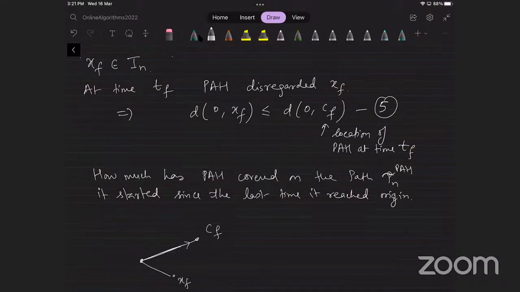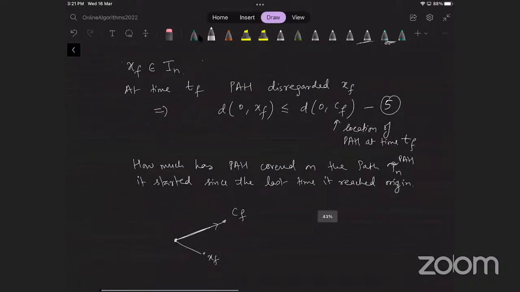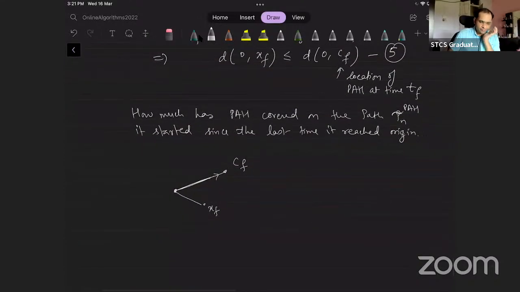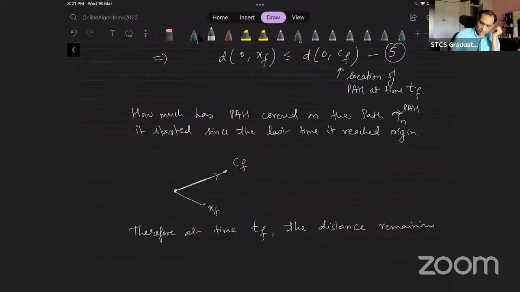Okay. So how much does PAH need? Therefore, at time TF, the distance remaining to reach the origin, see, distance is the same as time because of the unit speed. I'm following the script TN PAH path at time TF, and I'm disregarding the new request coming in.